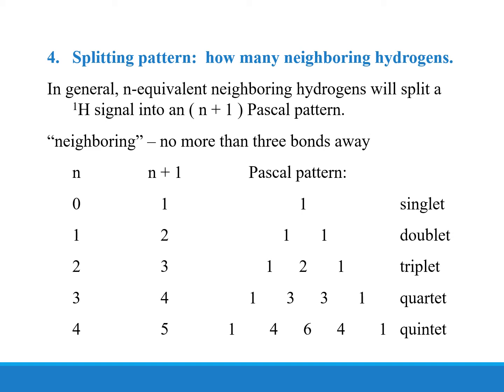For instance, 1 plus 1 is 2, and that will give you the intensity of a triplet in a 1:2:1 ratio. 1 plus 2 is 3, which is a triplet, the intensity of a triplet.